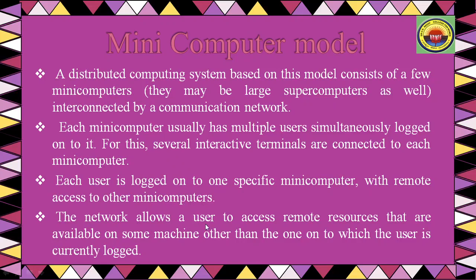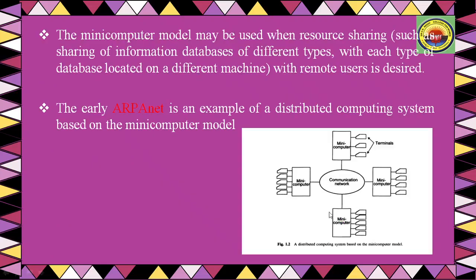The network allows a user to access remote resources that are available on some machine other than the one onto which the user is currently logged on. They can get resources from any other mini computer. It may be used when resource sharing with remote users is desired.